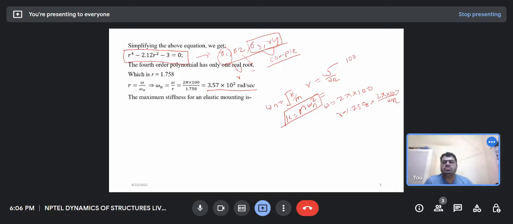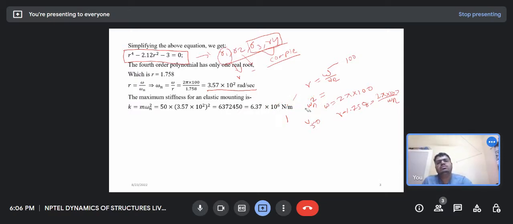The m is given to you, 50 kg. So when you simplify and solve this equation, you will get your stiffness. That is the one part in which you have to find out the stiffness of the system.